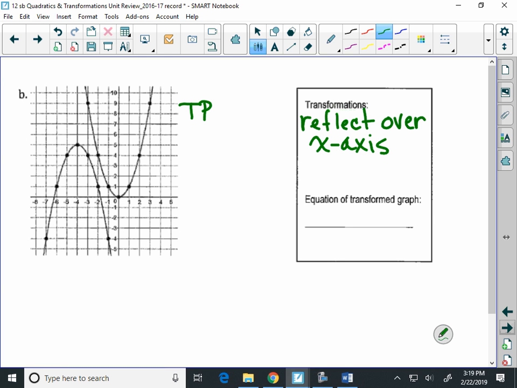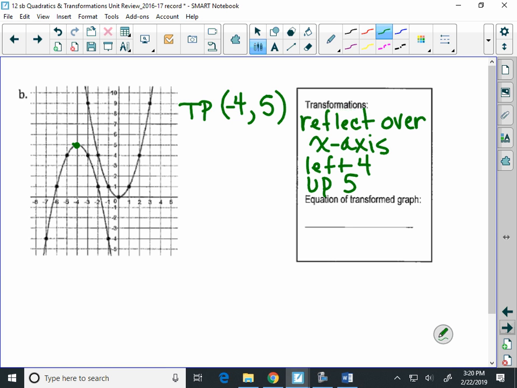And what we see is that our turning point is here, where I just put the point, and it looks like we have -4 and +5, which ultimately means that we went left 4 and we went up 5.